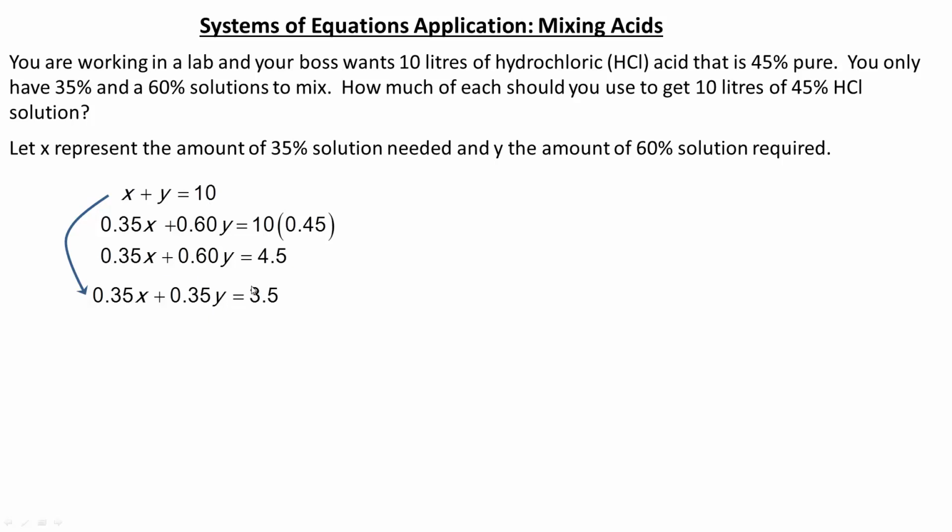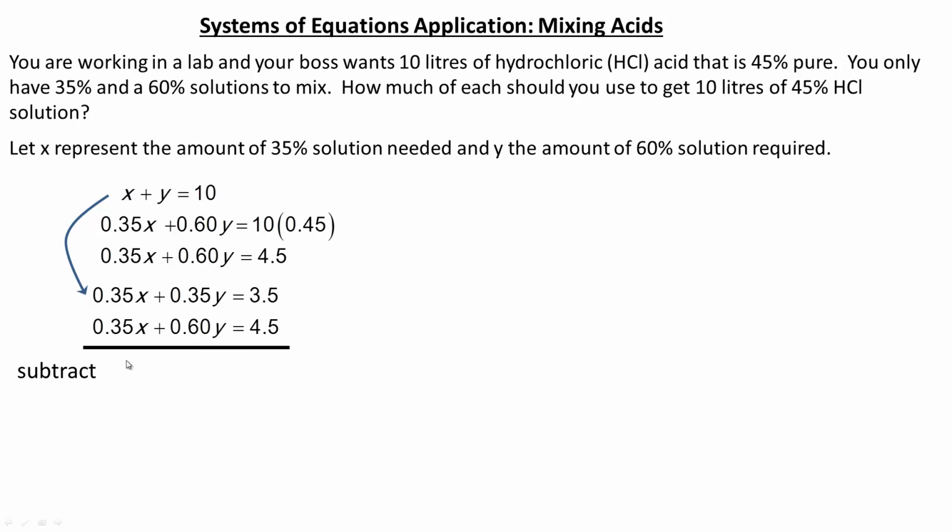I'm going to rewrite this equation below, and I'm going to subtract because the two X terms have the same sign. 0.35X minus 0.35X is no X's. I've eliminated the X's. That's why it's called elimination.